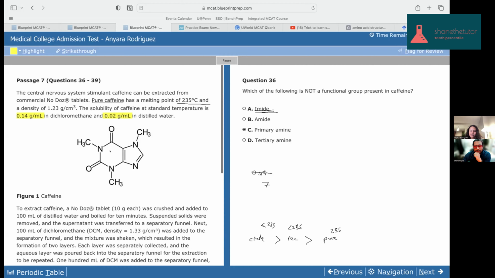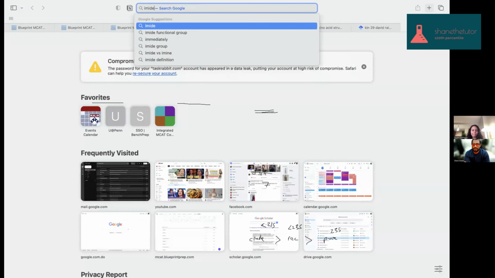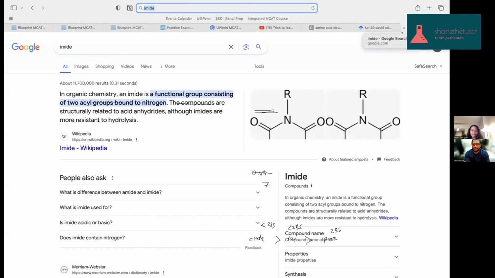Or am I wrong? Yeah, it's basically like a nitrogen that's flanked on both sides by carbonyls. Let me look it up to make sure.